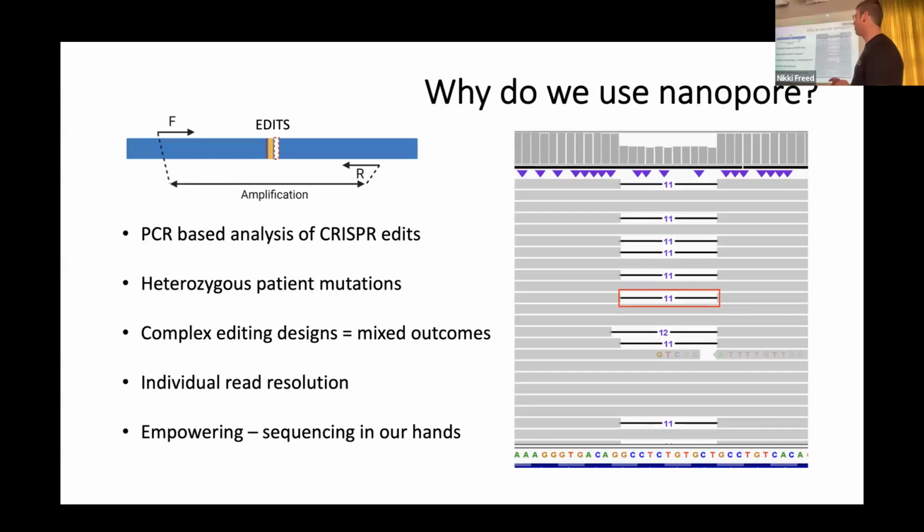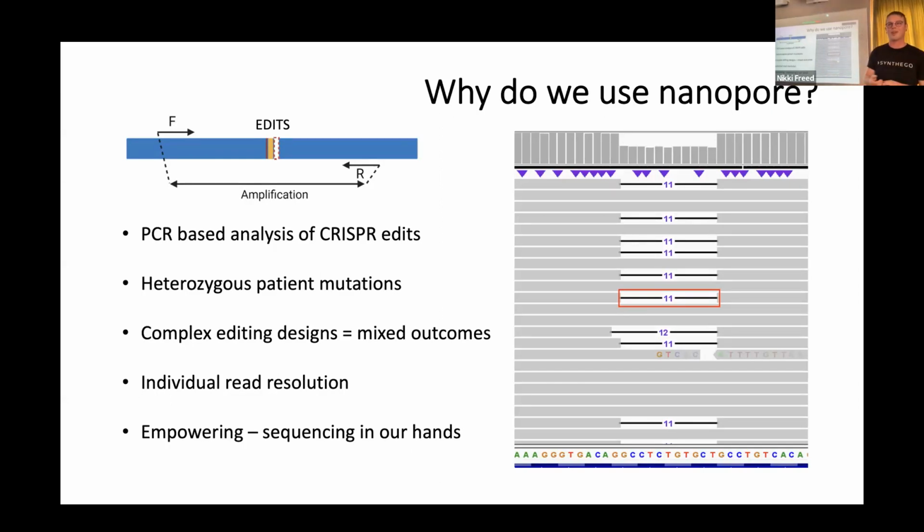So why do we use Nanopore in particular? Well, our genomic analysis is based on a standard PCR amplification over our target site, and hopefully we capture all our insertions, deletions, and homology-directed repair events in that amplicon. But this is quite complicated, as you can see in this IGV plot of some nanopore data. One of our patients, for example, has a heterozygous mutation. So they have a deleted allele and a wild type allele.